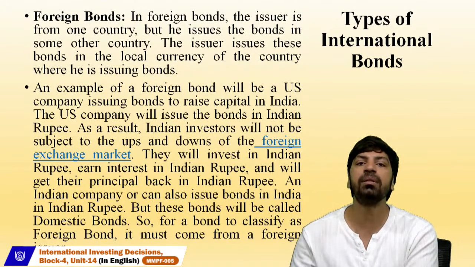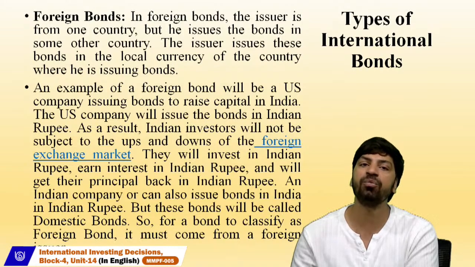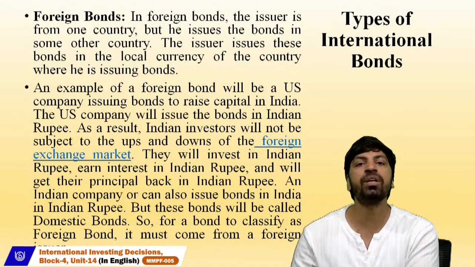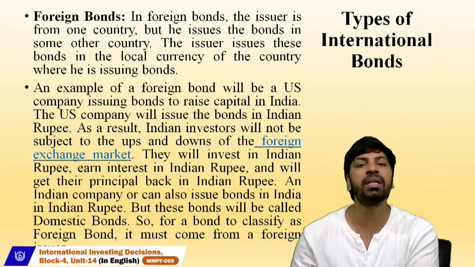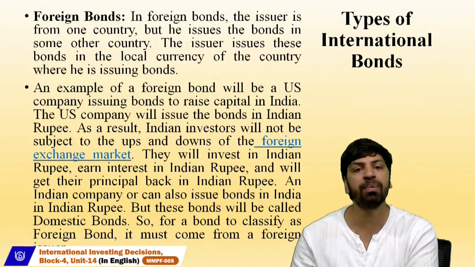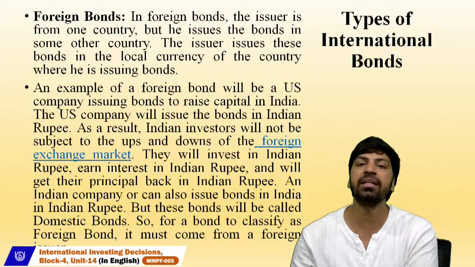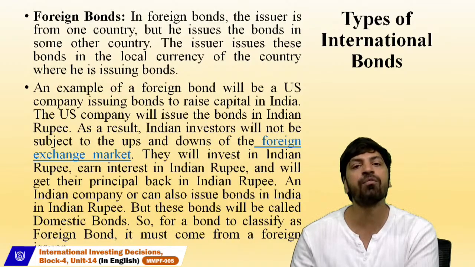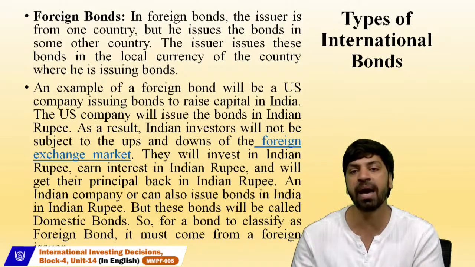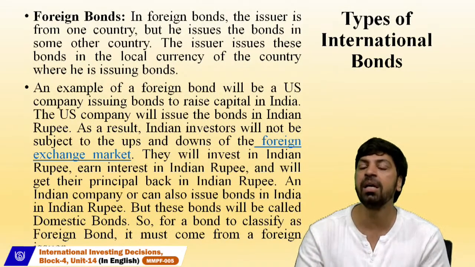For example, a foreign bond would be a US company issuing bonds to raise capital in India. The US company will issue the bonds in Indian rupees. As a result, Indian investors do not have to take care of the ups and downs of the foreign exchange market, because an American company has come to India and is issuing bonds.